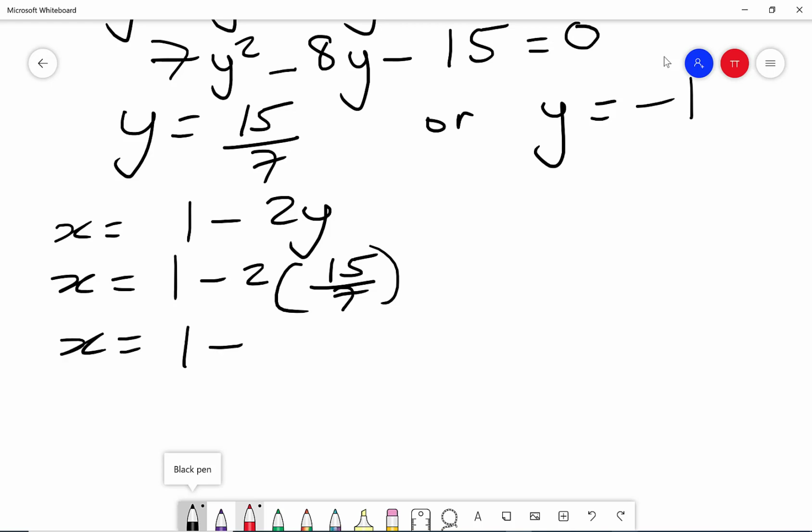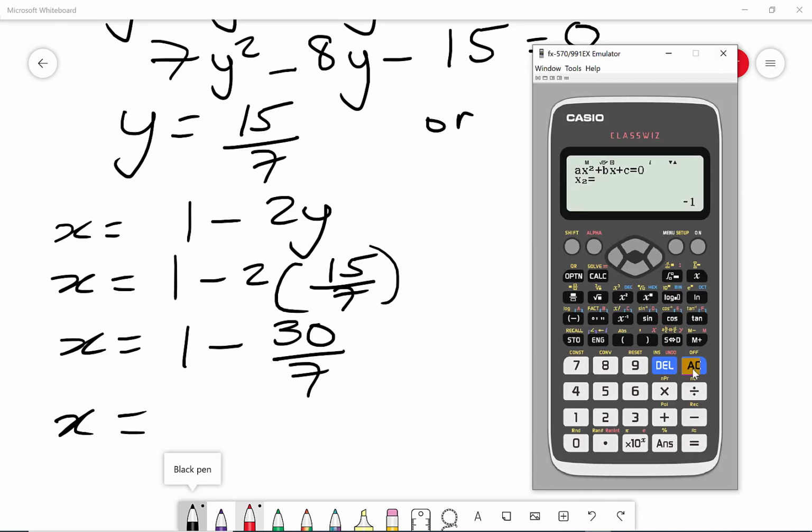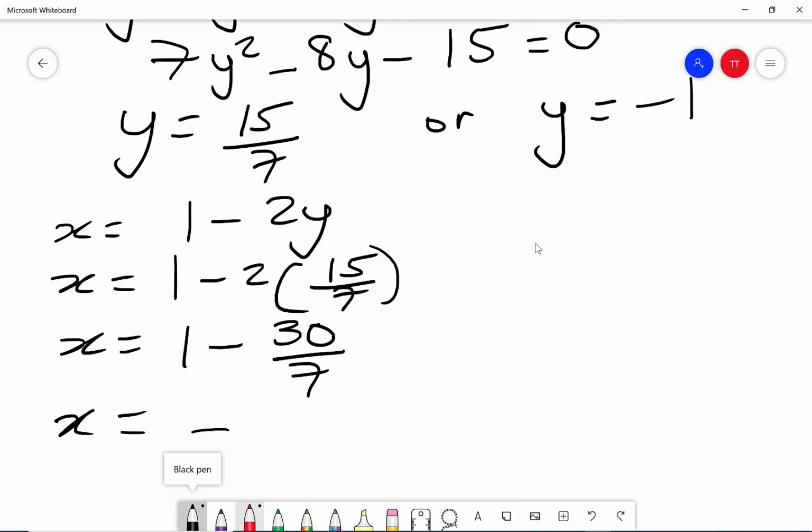So that's 1 minus 30 over 7. We can work that out. Come back to our main menu. I'm going to do 1 minus 30 over 7. So that gives me minus 23 over 7.